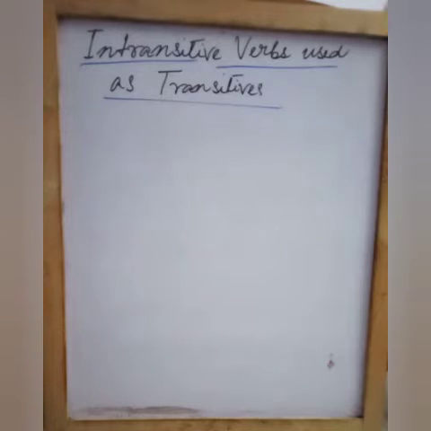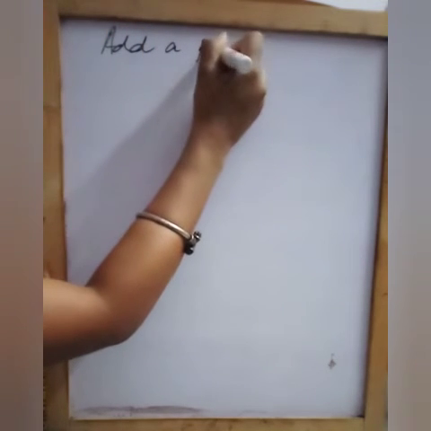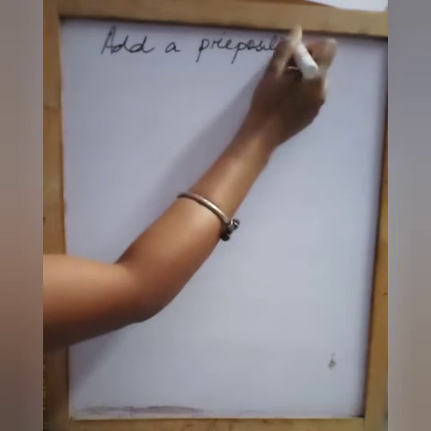One more thing now. See, some intransitive verbs may become transitive by adding a preposition to the sentence. Just a second. Sorry, I just said the opposite thing. Fine? See how I do it. Just add a preposition to an intransitive verb and it will become a transitive verb.